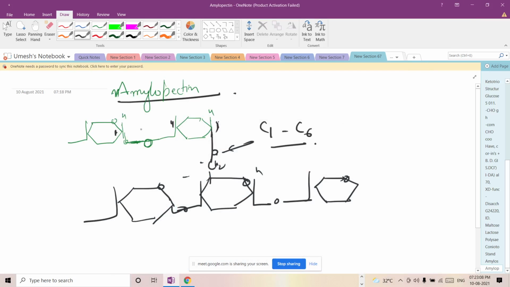See, C1, C4, it's a long chain. Then C1, C4, C1, C4 here also. But between the two different chains there is an interlinking, a connection between the C1 and C6. This is called the amylopectin.